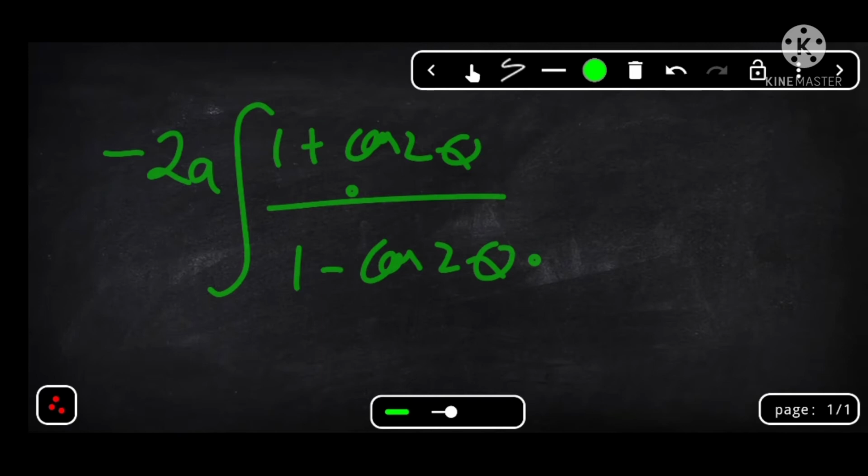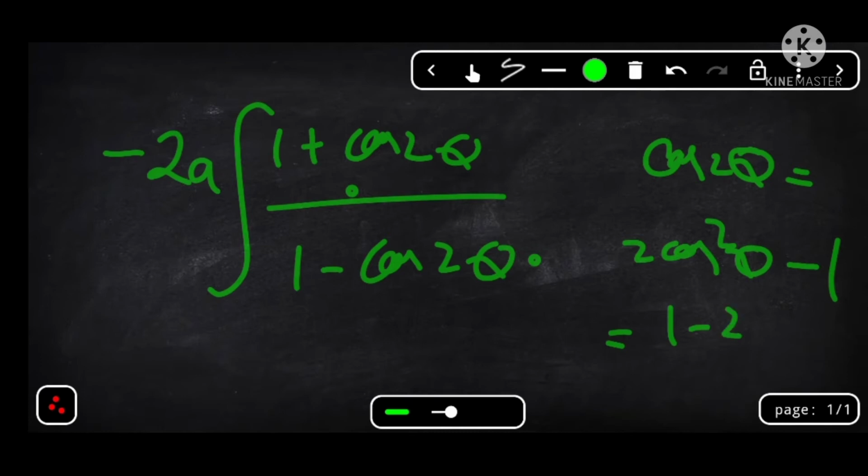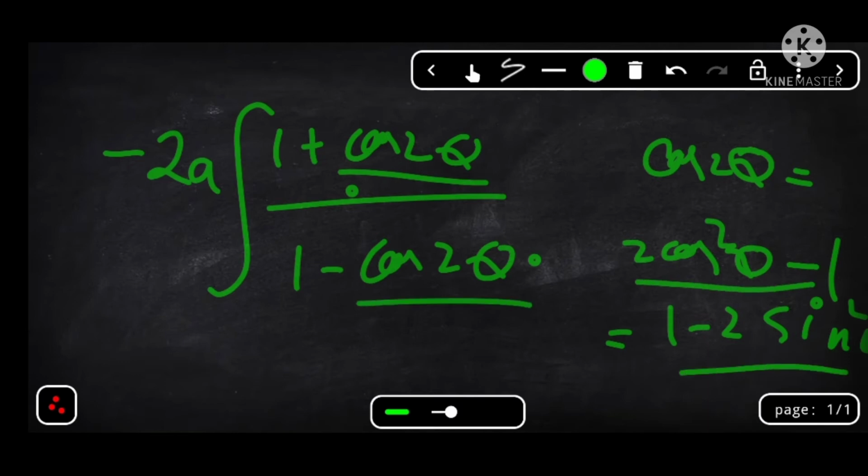So we have two formulas for cos 2 theta, that is cos 2 theta equal to 2 cos square theta minus 1, as well as we have 1 minus 2 sin square theta. So both are there. Okay, so in place of 1 plus cos 2 theta I am substituting this one, for the other I am substituting this one. Okay, otherwise this problem will get stuck. So just think and write accordingly.